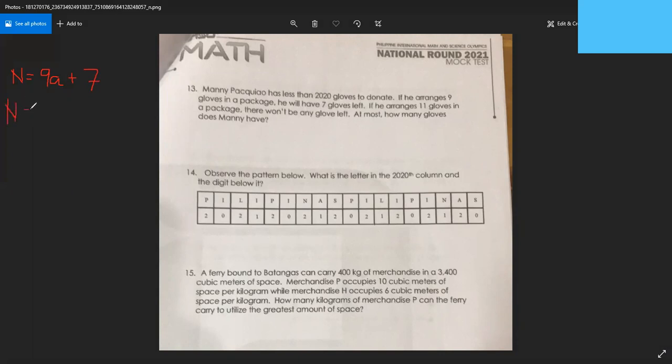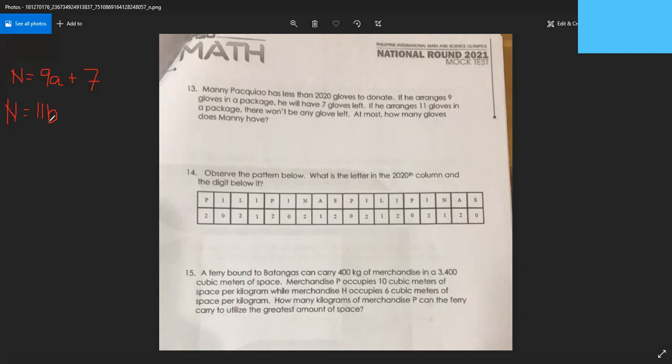The next condition is that that number is also divisible by 11. So now, that is actually the number.